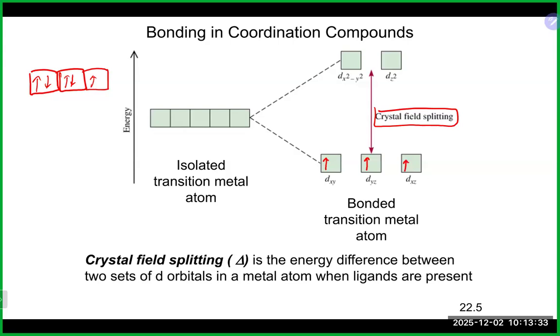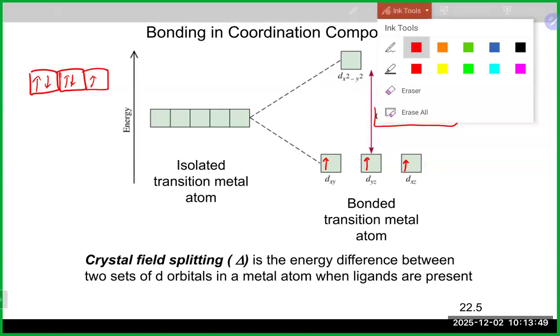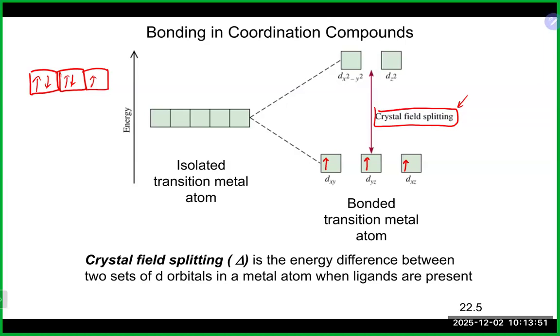At this point, if you have more than 3 electrons, you have a decision to make: is that difference in energy too big or not? If the splitting is not that big of an energy difference, based on the ligands present, they will continue to fill as normal.